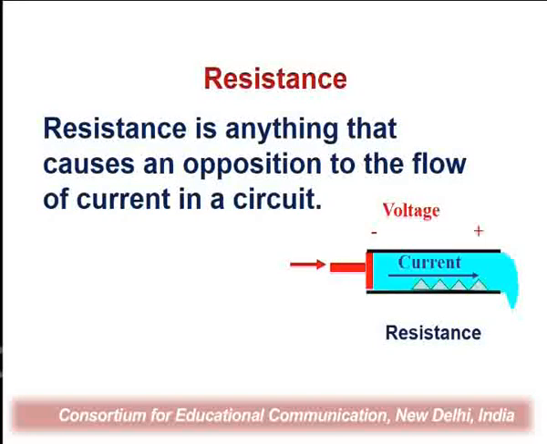Now in today's topic we discuss resistors. First, what is resistance? Resistance is anything that causes opposition to the flow of current in a circuit. It means resistance resists the current circulating in an electronic circuit. In the diagram you see that voltage, current and resistance have a relationship.